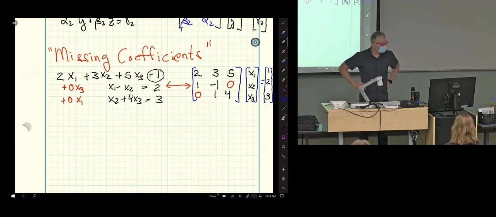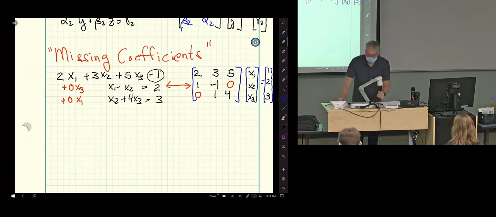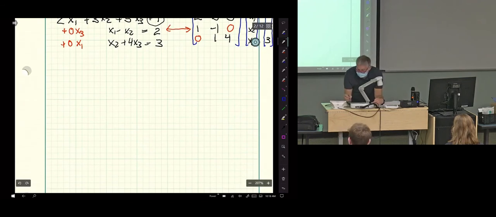Okay, so now I'm going to give us a situation where we have to build the equations ourselves, and then we convert them into matrices, just to make sure we've got this down.